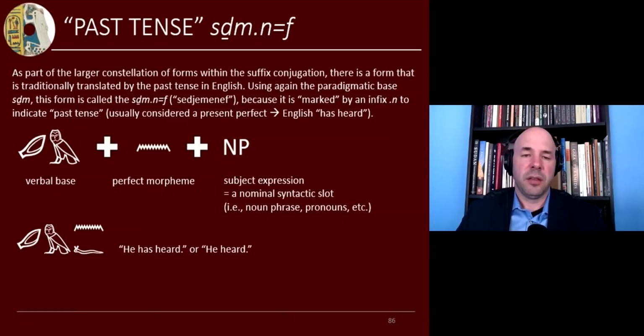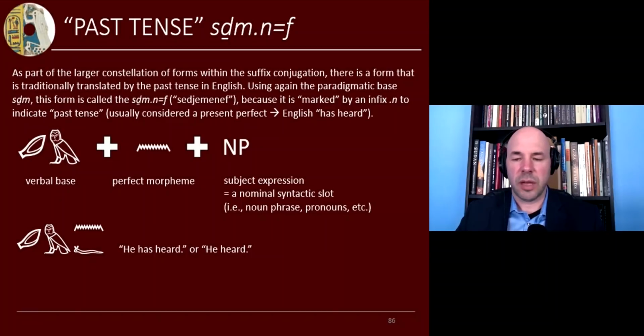So you take the verbal base, combine it with this morpheme, the perfect or past tense morpheme, and then your suffix to get the past tense. So sejaminef, he has heard, or he heard.